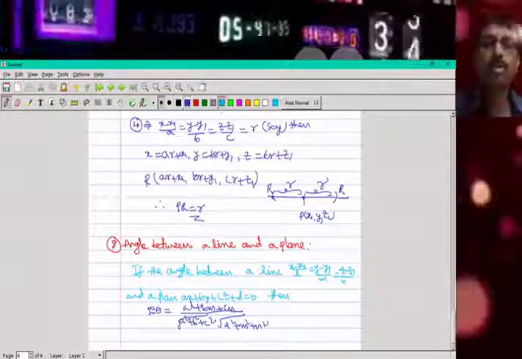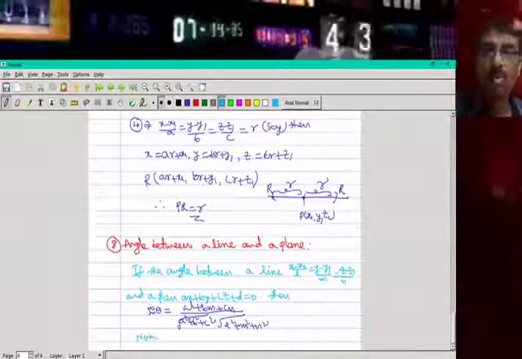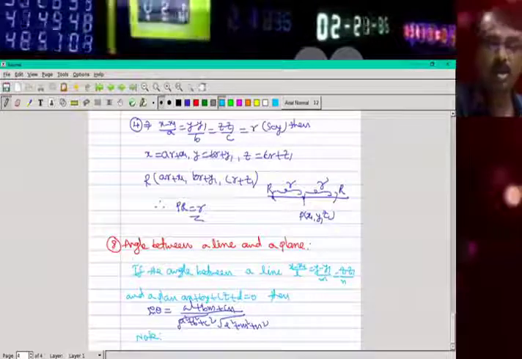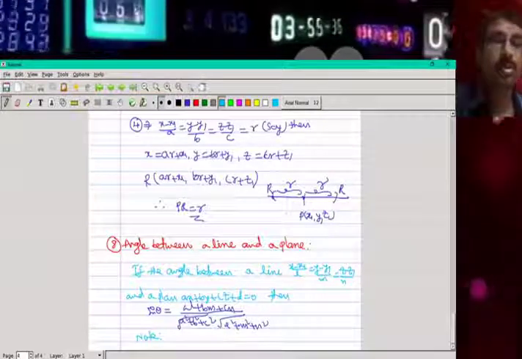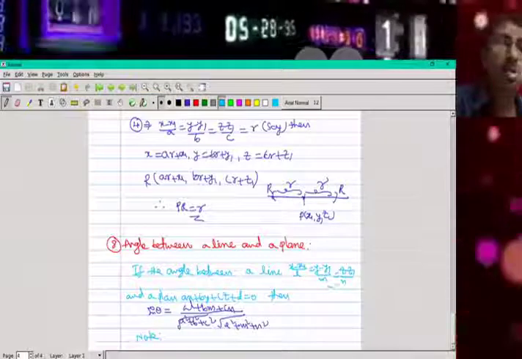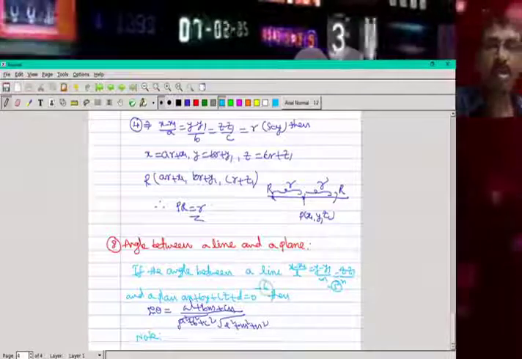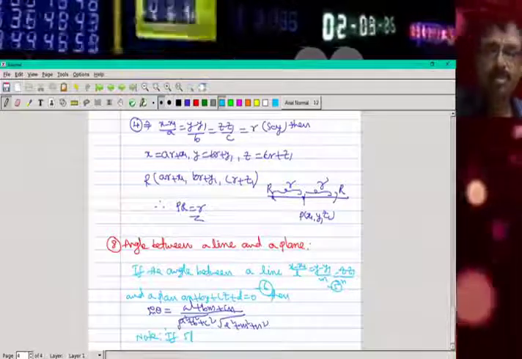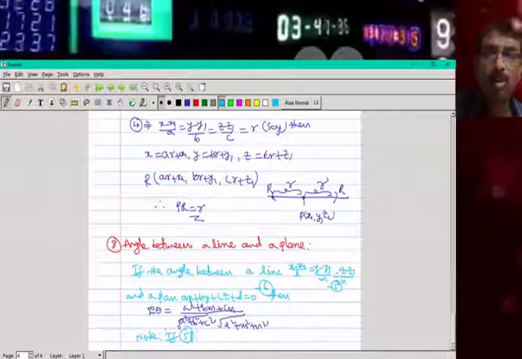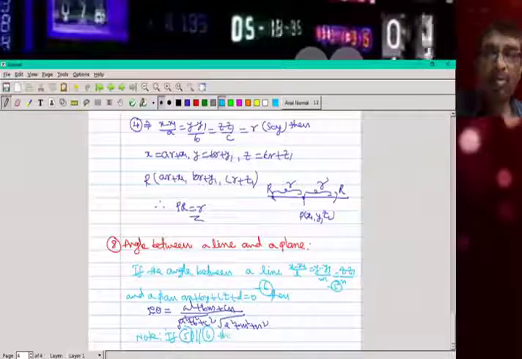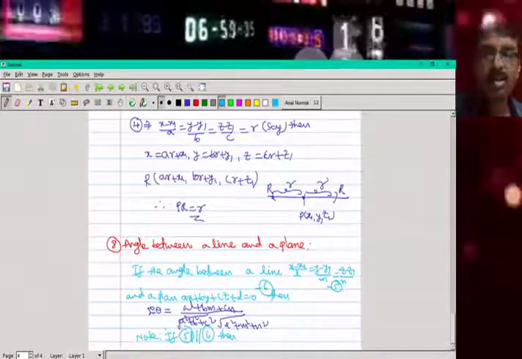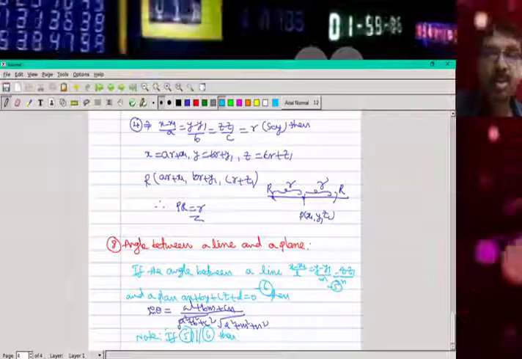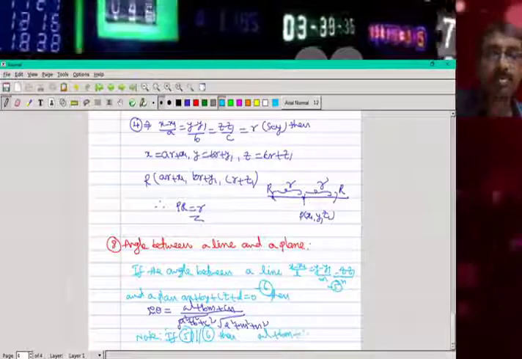Here one note: if the angle is 90 degrees, perpendicular. If the line is parallel to the plane, then we have a condition, that is if they are parallel, the angle will be 0, then theta equals 0, sin theta equals 0, left side, then right side al plus bm plus cn equals 0.